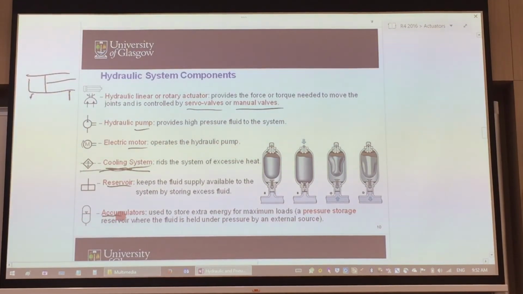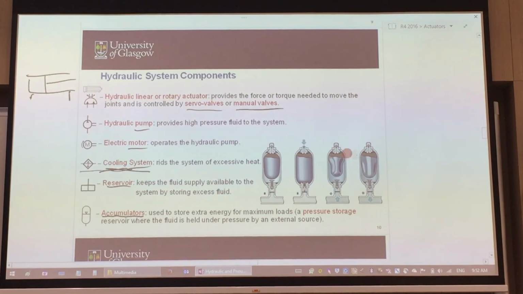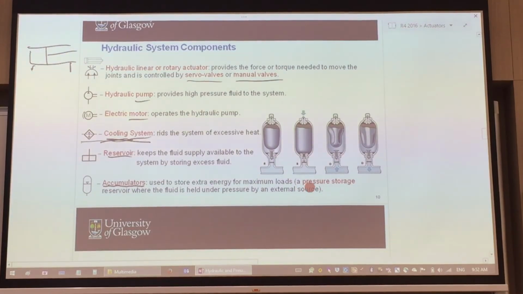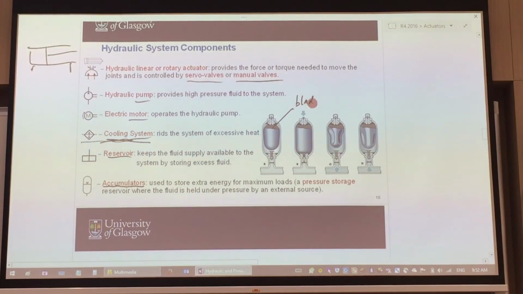Now this is the interesting part I was talking about, and this figure over here is something that I added in. This is how the accumulator works. It's used to store the extra energy for maximum payload, and it can also be considered a pressure storage. This dark one is called a bladder.